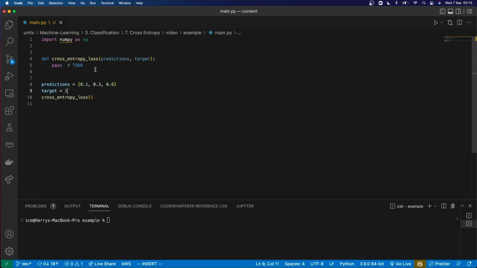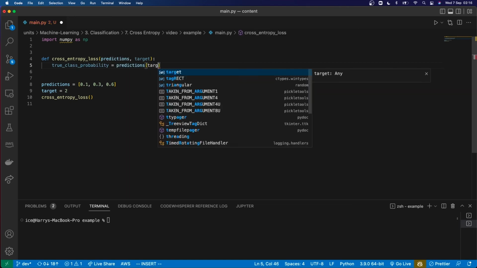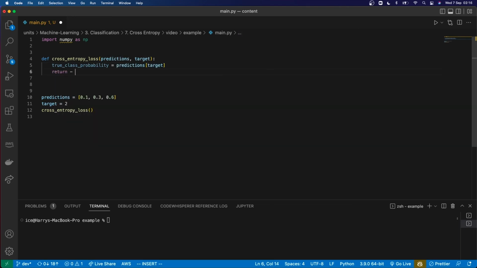You have a cross-entropy loss function which takes in a vector of probabilities, the distribution over the predicted classes, and then has an index as the class label. And what we can do is get the probability of the true class by indexing the predictions with that target, and then return the negative log of the probability predicted for that true class.